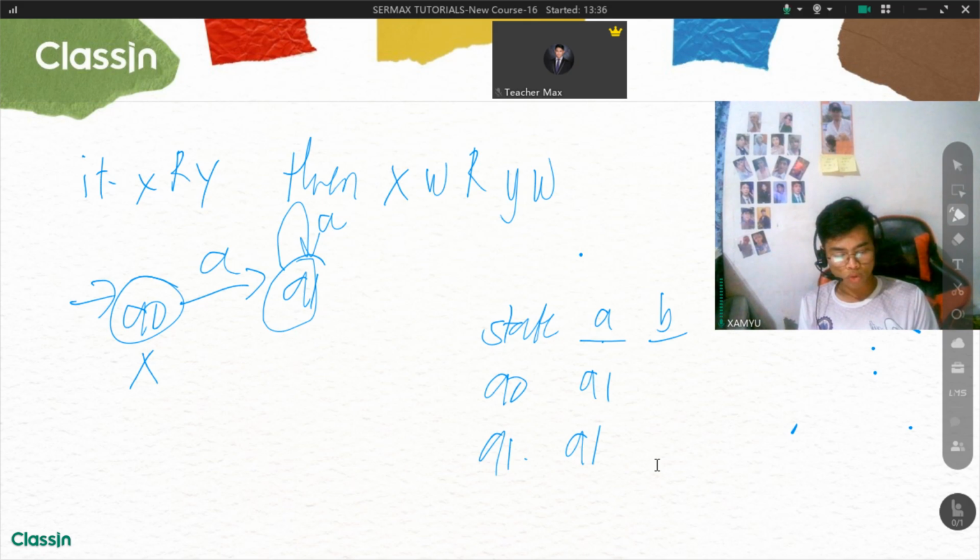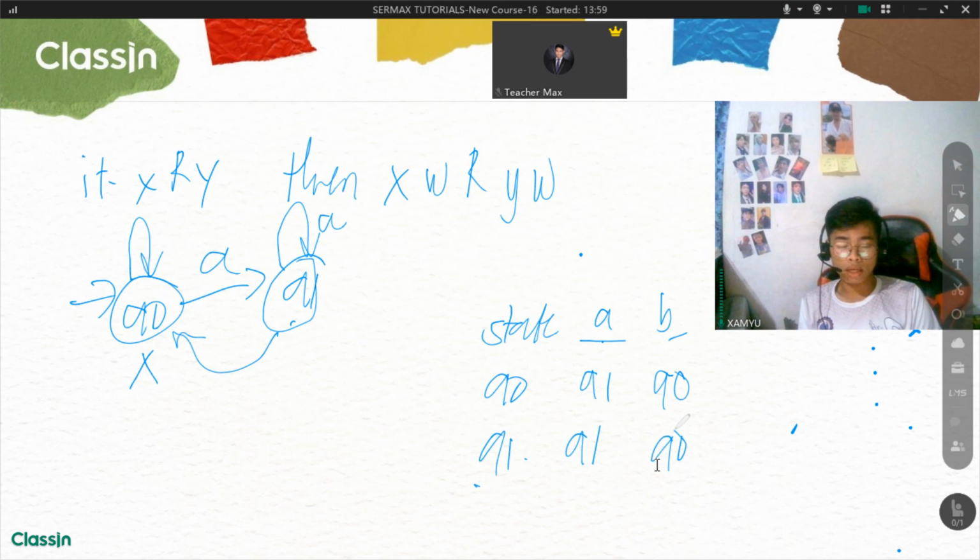If we input B, from Q0 it must return to Q0, and from Q1 it must return to Q0.